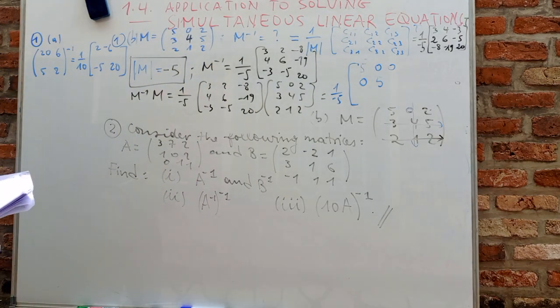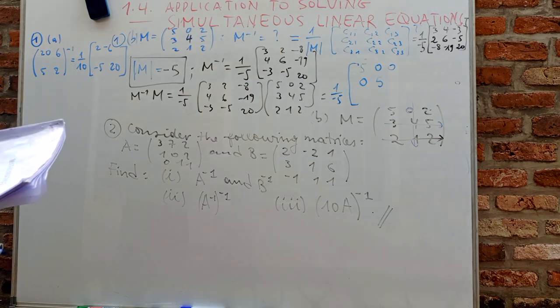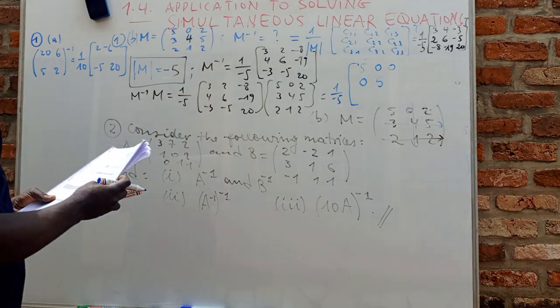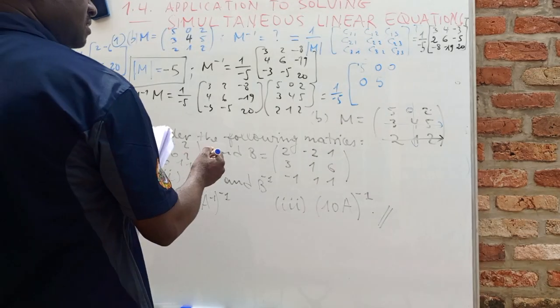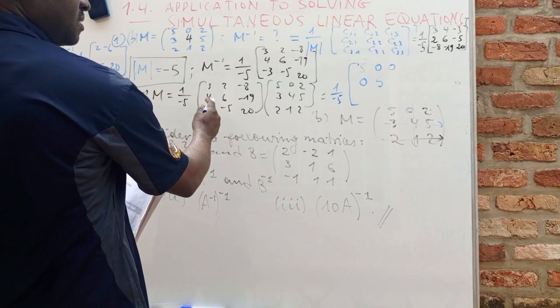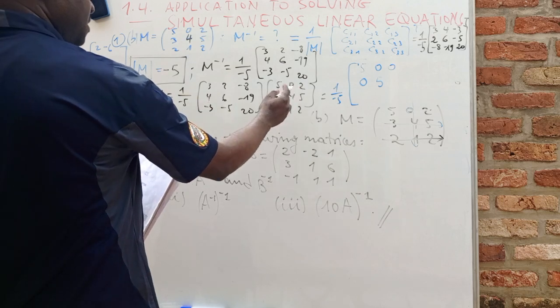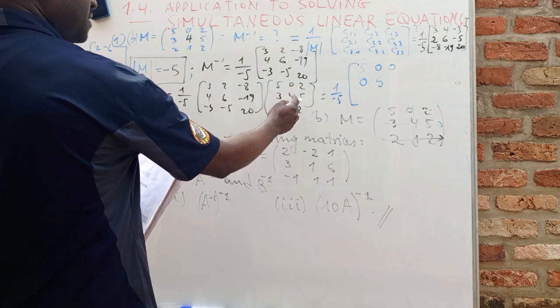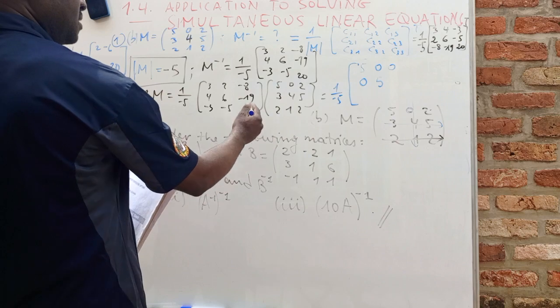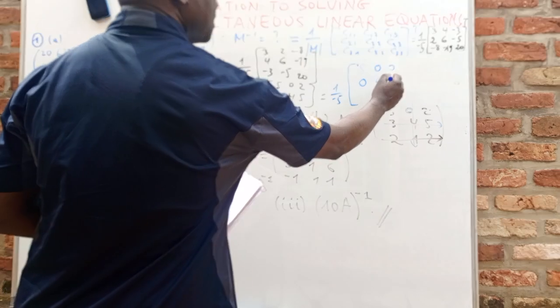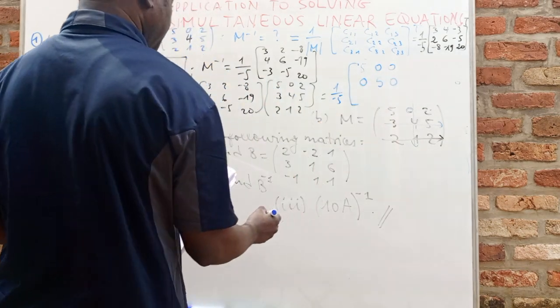Okay, so here I have to check this one. Okay, let me check correctly. This is 4 times 2, 8. 6 times 5 is 30, 38. 38 minus 38 is 0 correctly.